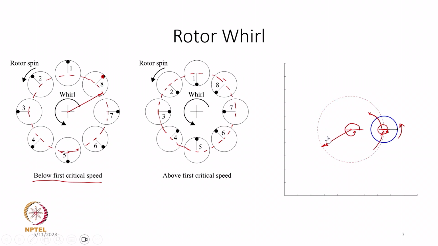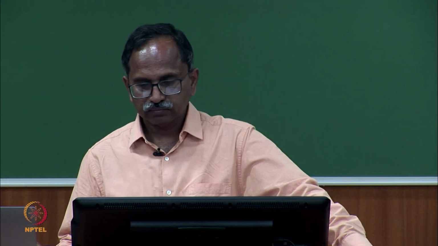Now, what will happen for a motion at supercritical, that means beyond critical, is that this particular point is going to be located all the time inside, and that is how it is going to spin. In this animation the phase difference is 0, just to illustrate how it works, but you can have some small phase lag or phase difference.